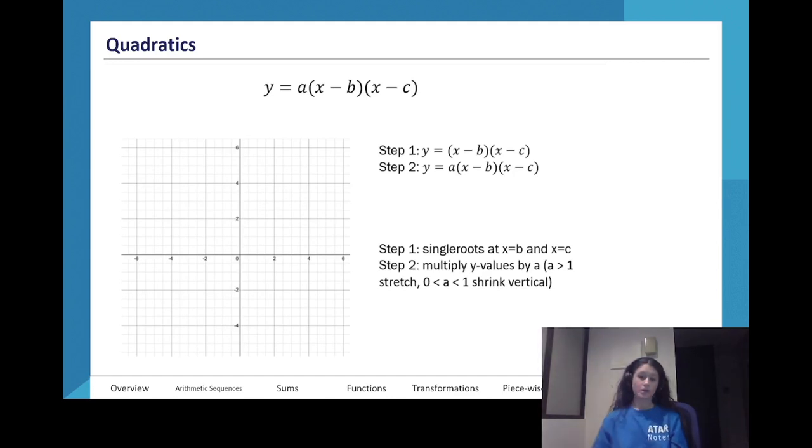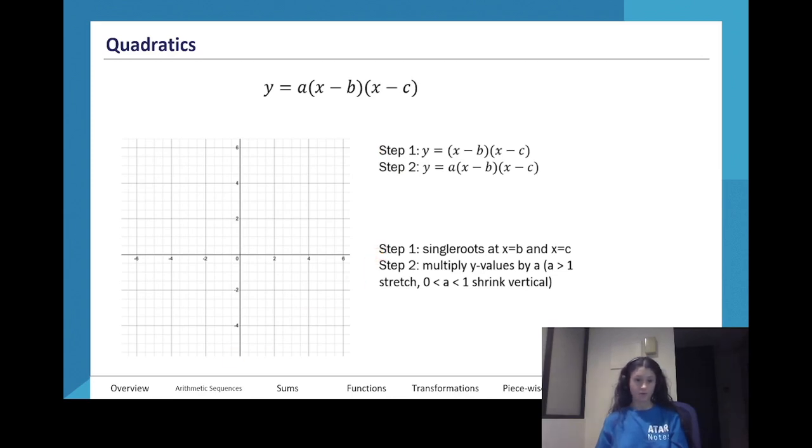So, if we just consider the baseline part of it, which is y equals (x - b) multiplied by (x - c), then we are going to have roots at x equals b and x equals c.